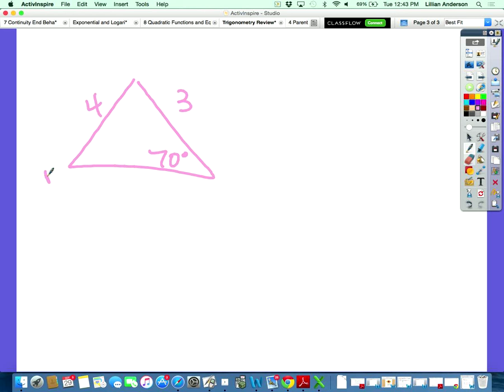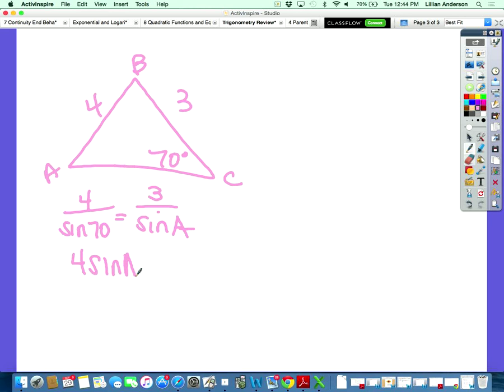So we need to first find, let's label this A, B, C. Remember for these, we need to find angle A first, so it would be 4 over the sine of 70 equals 3 over the sine of A. We would then cross multiply: 4 sine A equals 3 sine 70.